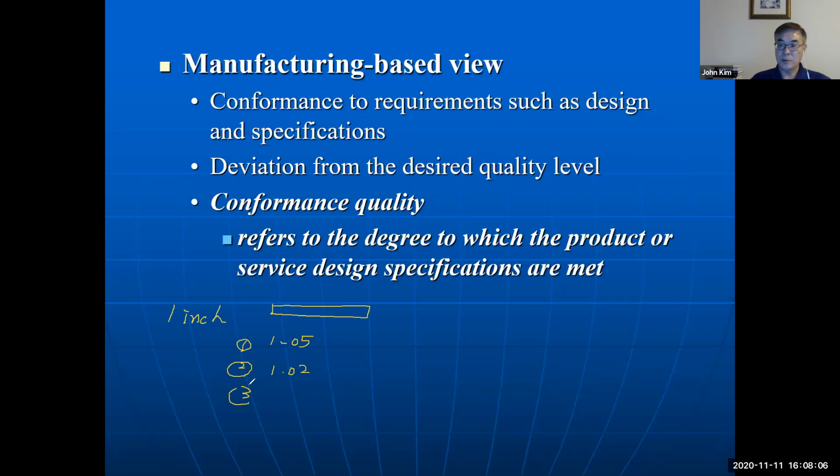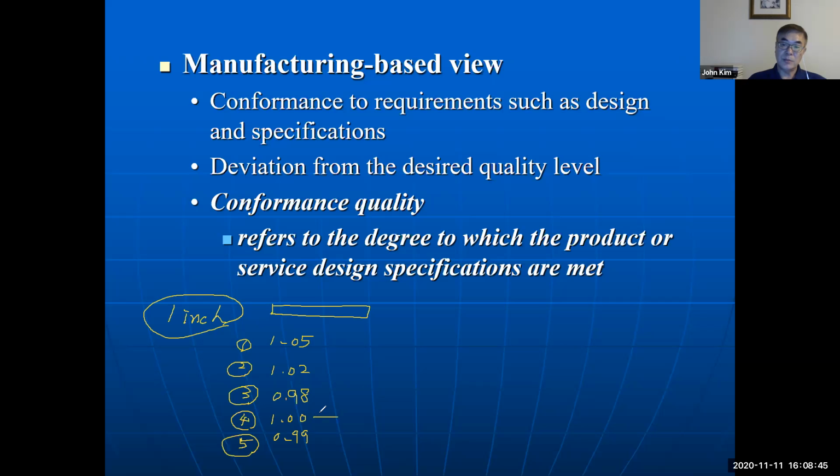And then third one, 0.98. Fourth one, let's say exactly 1.00. And then fifth one, 0.99. So if I ask you a question, which one is good, which one is not good? I designed a 1-inch bar, and then produced and then measured like this.